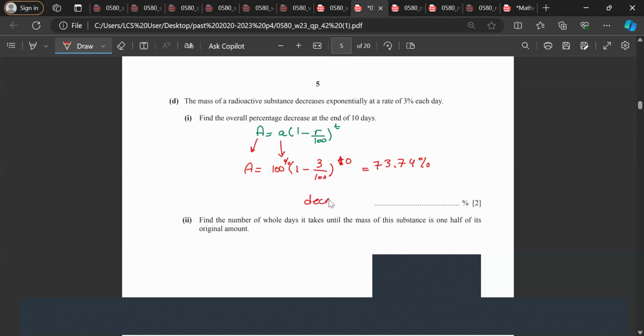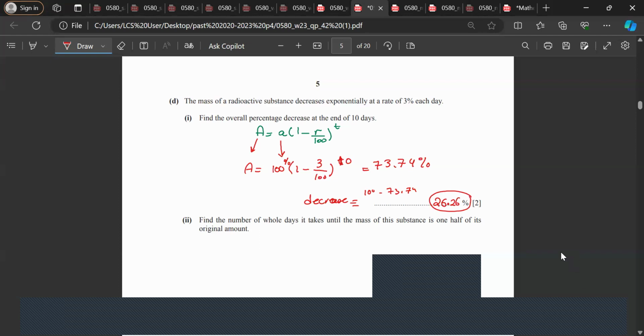That means the decrease was 100 minus 73.74, so the answer will be 26.26%. You got it? This is a very important idea.